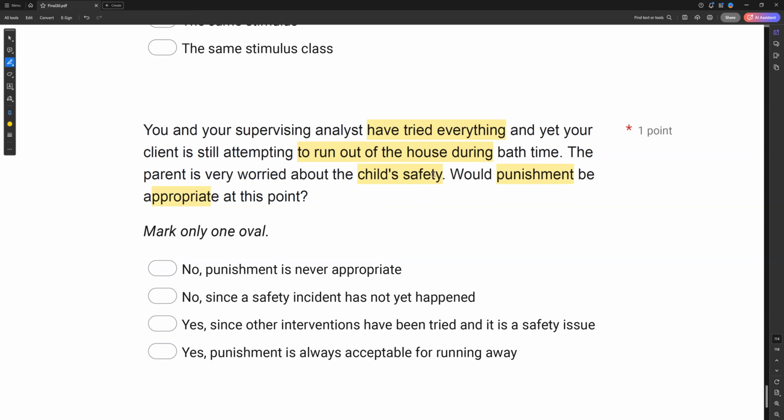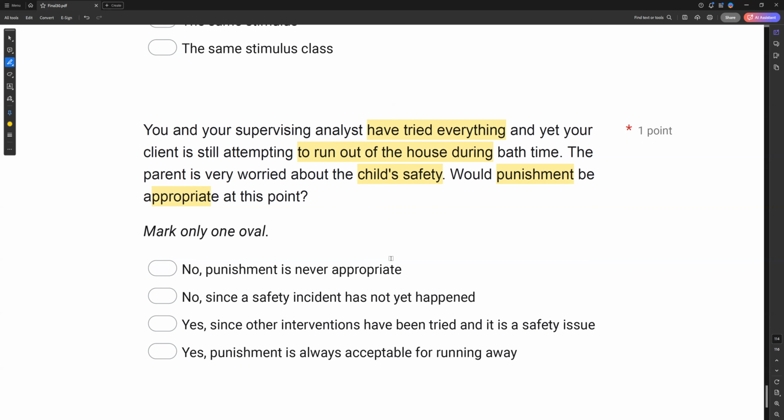And so you could even argue that punishment's acceptable immediately, depending on how bad the safety issue is. Additionally, you've tried everything. And so if you've tried everything and this is still occurring and it's still a safety issue, well, then we need to go a little further and try to stop this because our priority, other than changing behavior, is to keep the client safe. So, is punishment appropriate at this point?